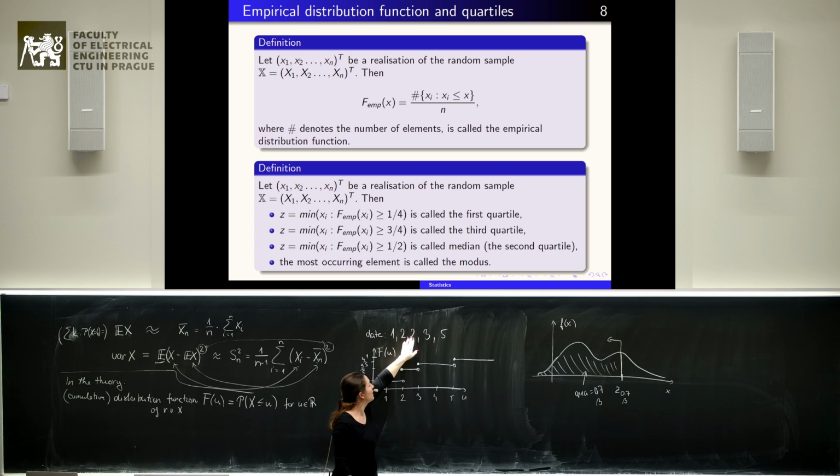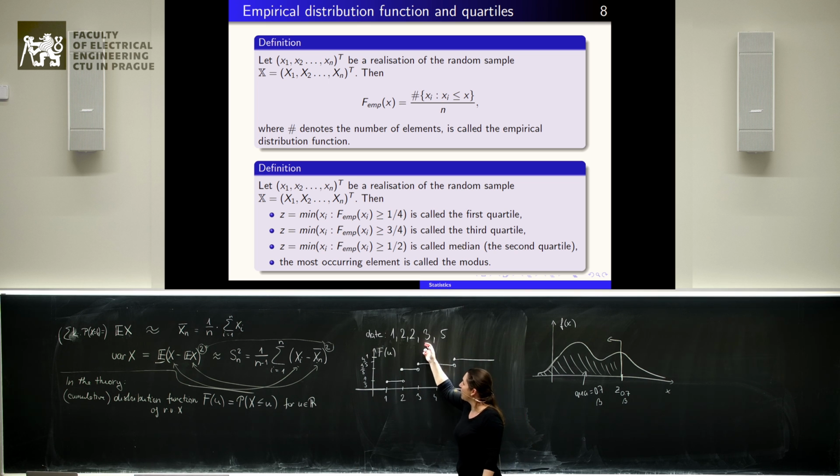So it means that in our case, this number 2 is the median, because 2 numbers are smaller and 2 numbers are larger. The first quartile is something similar, but it leaves only 1/4 of the sample below. So in our case, it would be this number 2, because 1 number is smaller and 3 numbers are larger. The third quartile is the same, but on the opposite side.